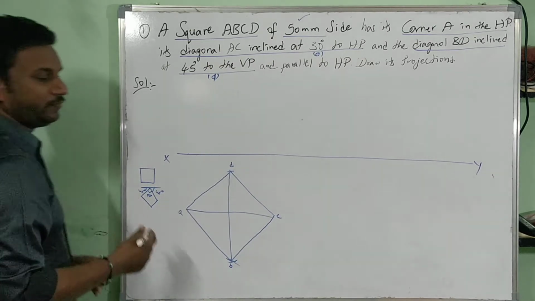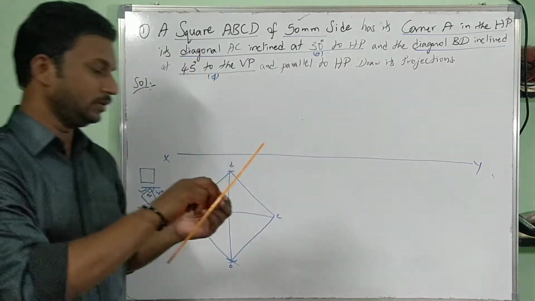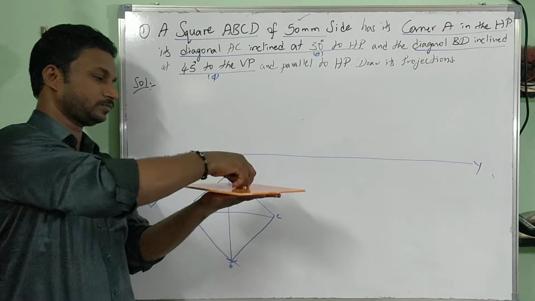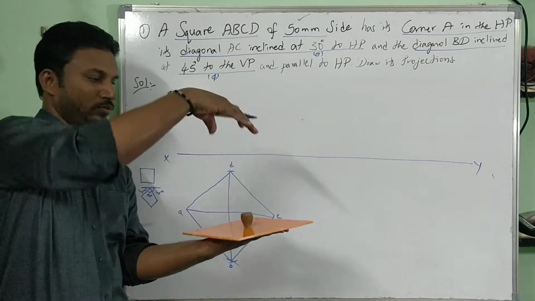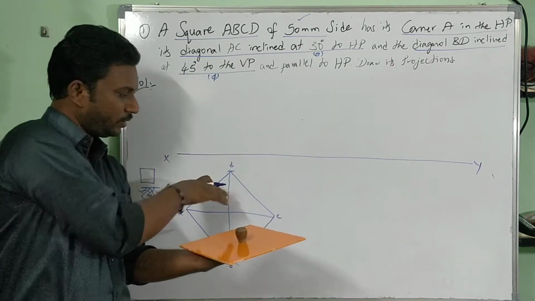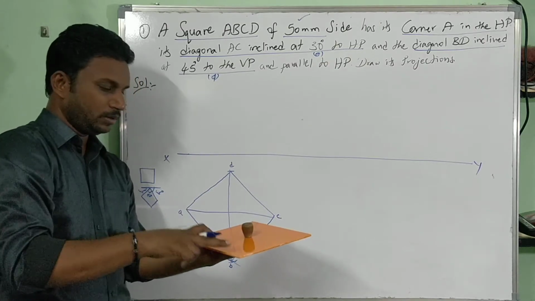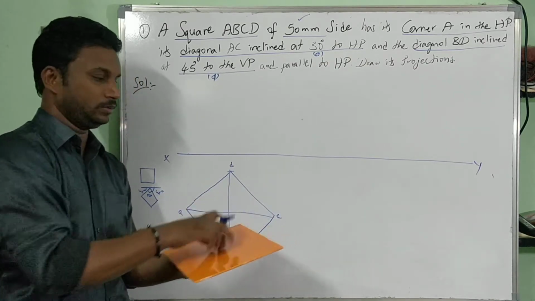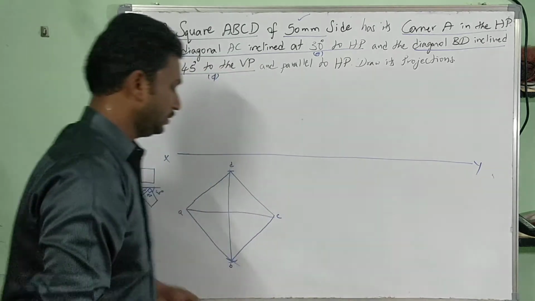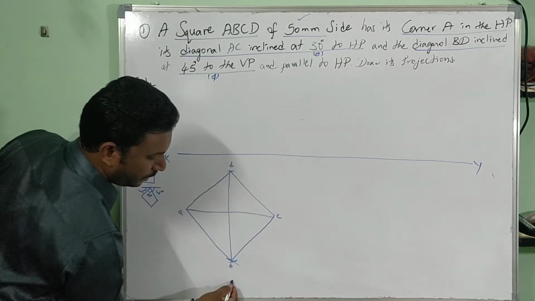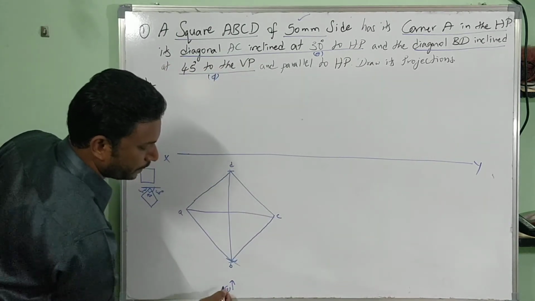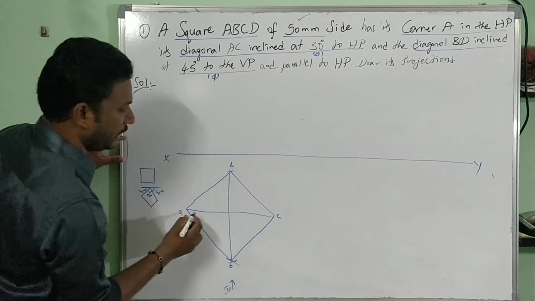Now coming to its front view, right? I have drawn this one. Top view, top view below XY. A corner, B corner, C corner, D corner. Now from this front view, when I take the arrow mark from here, step 1, front view, I can see A, B, C clearly.